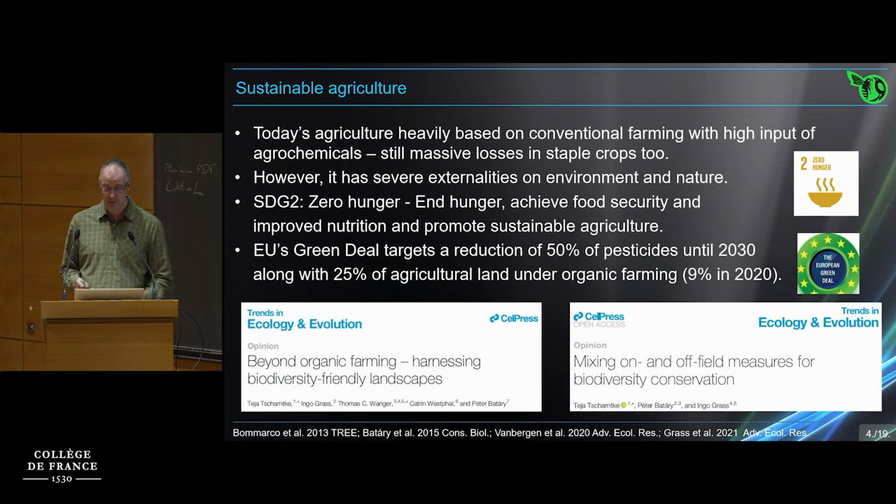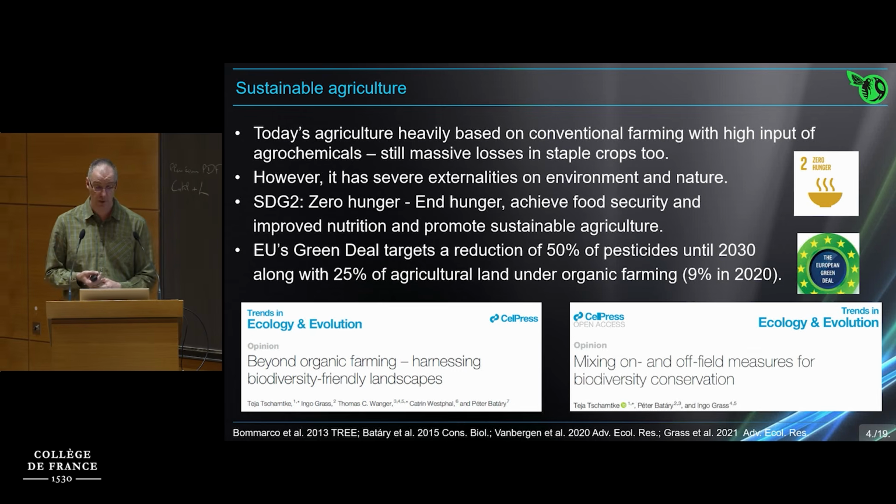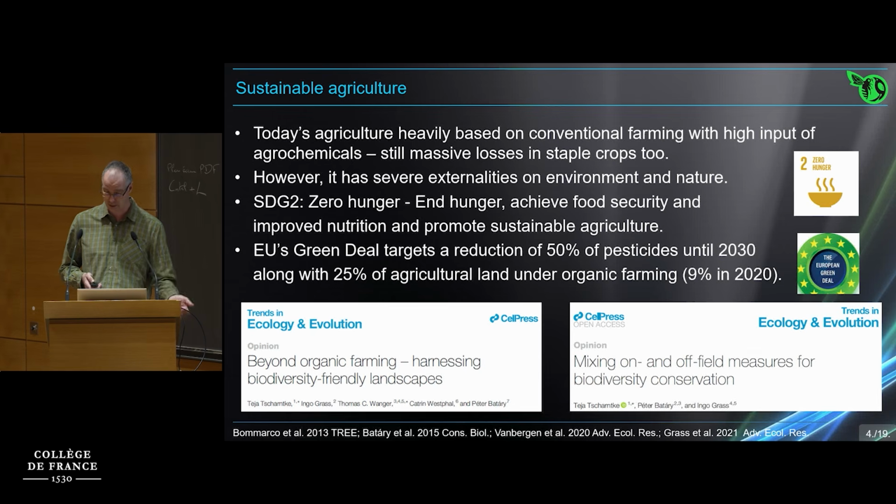And of course in the EU we try to act against it, so the EU Green Deal targets a reduction of 50% of pesticides until the end of this decade, and also an increase of organic agriculture.